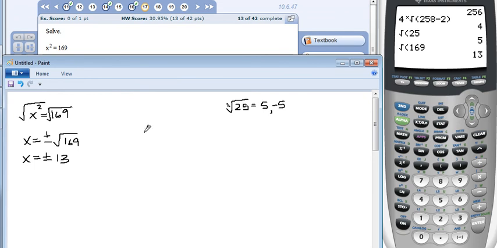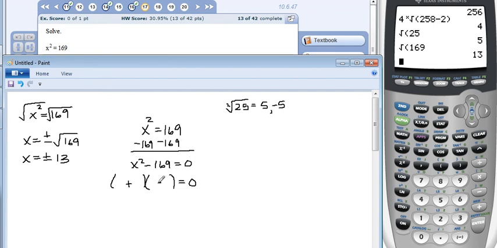What's another way of doing that? Well, I can just use my factoring techniques. And remember, whenever I see a quadratic, I want to set it equal to 0 and factor and solve. So I can subtract 169 across. So I have x squared minus 169 is equal to 0. This is a difference of squares, so I can factor that.